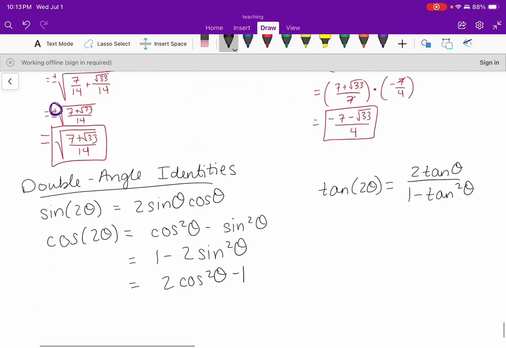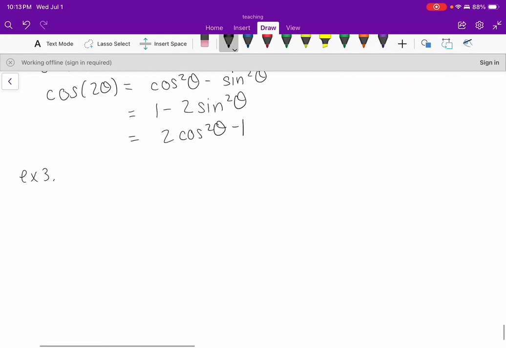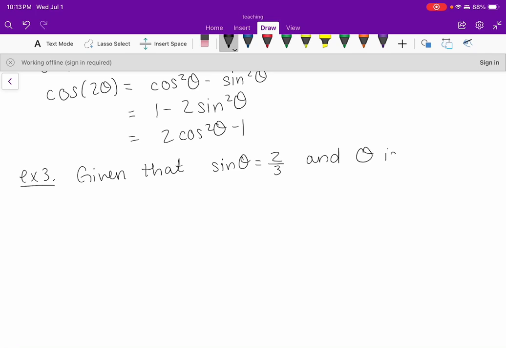So this one is example 3. Example 3 says, given that sine theta is equal to 2 over 3 and theta is in quadrant 2, find the exact value of sine 2 theta, cosine 2 theta, and tangent 2 theta.